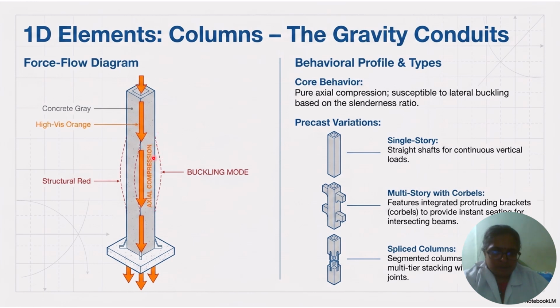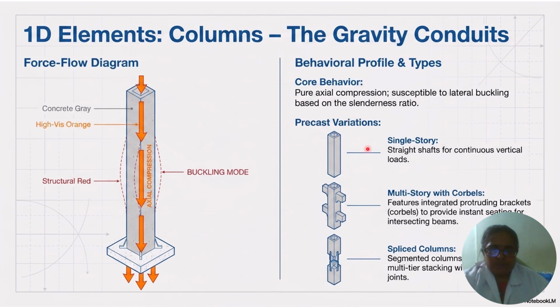buckling mode is shown in the discontinuous red lines, and the axial load is applied in the direction shown in orange color. The core behavior is pure axial compression, and it may be susceptible to lateral buckling based on the slenderness ratio.